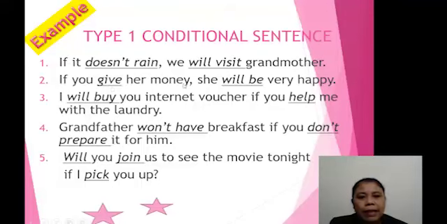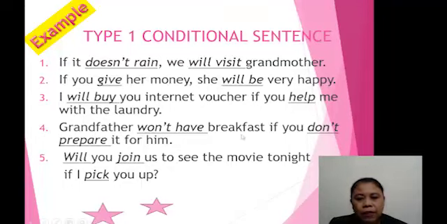Okay, example number 2. If you give her money, she will be very happy. Give is verb 1, and then will be. Number 3. I will buy you internet voucher if you help me with the laundry. Will buy, and then in the if clause, we have to use verb 1. Example number 4.